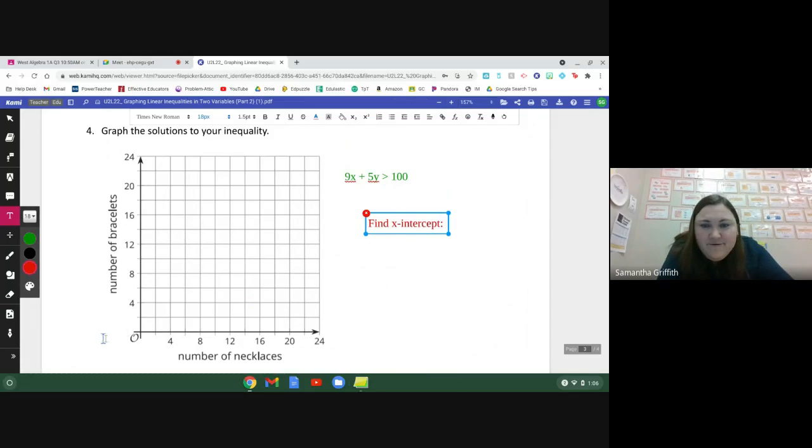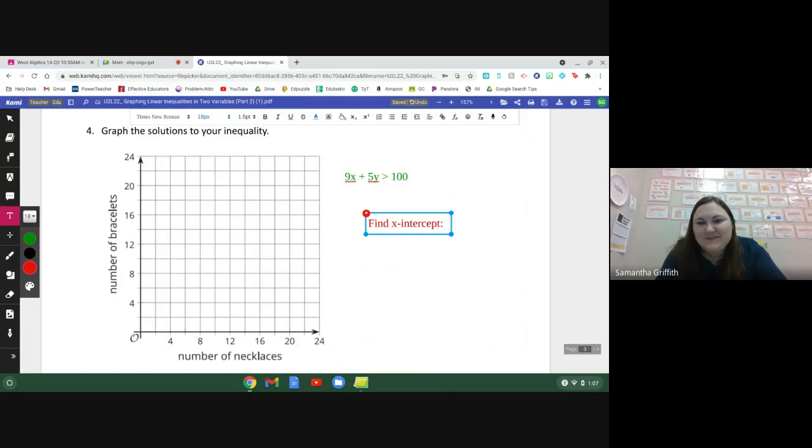So for example, if I want to find my x-intercept, a point on this x-axis, that's going to be the number of necklaces she needs to sell if she sells 0 bracelets. All these points on the x-axis have a y-coordinate of 0.